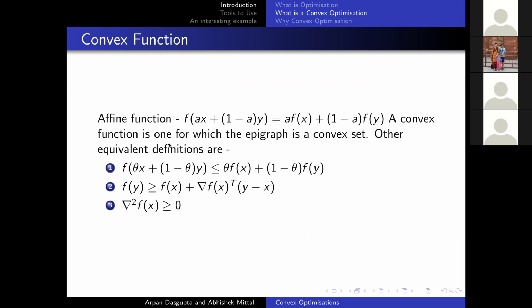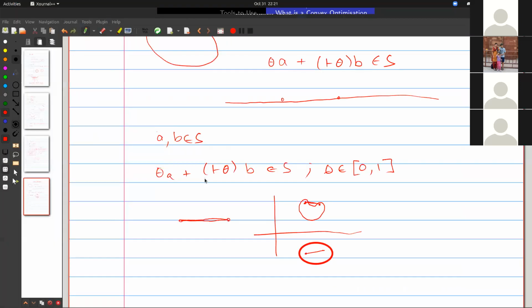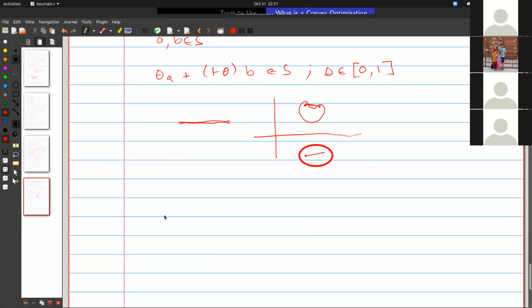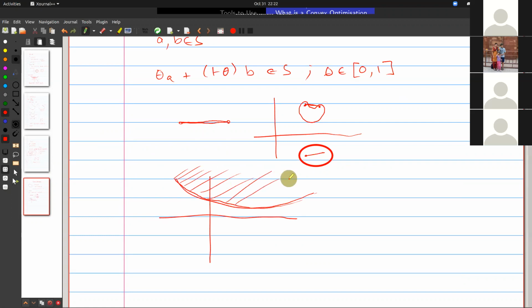So a convex function is a function for which the epigraph of the function is convex. What an epigraph means is that if a function looks like this, then informally the entire area above it is called the epigraph of the function.